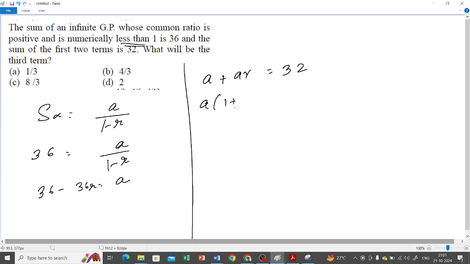That is A divided by 1 plus R is 32. So that is 36 minus 36 R over 1 plus R is equal to 32.